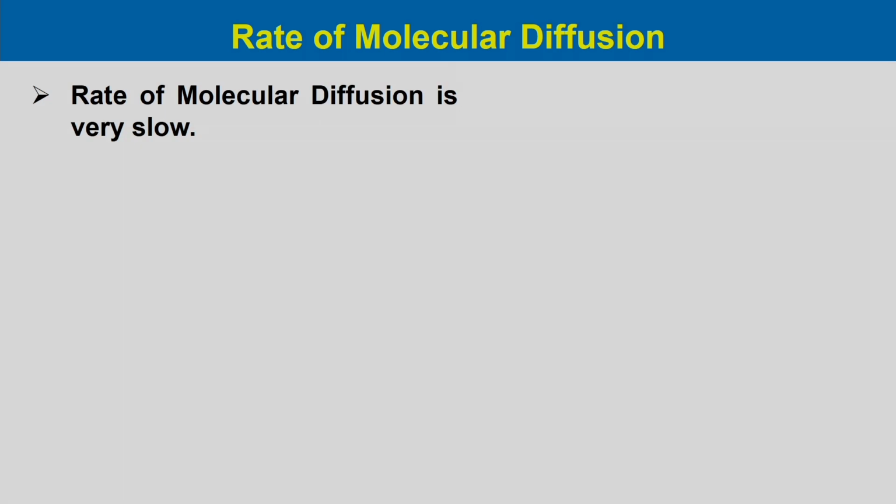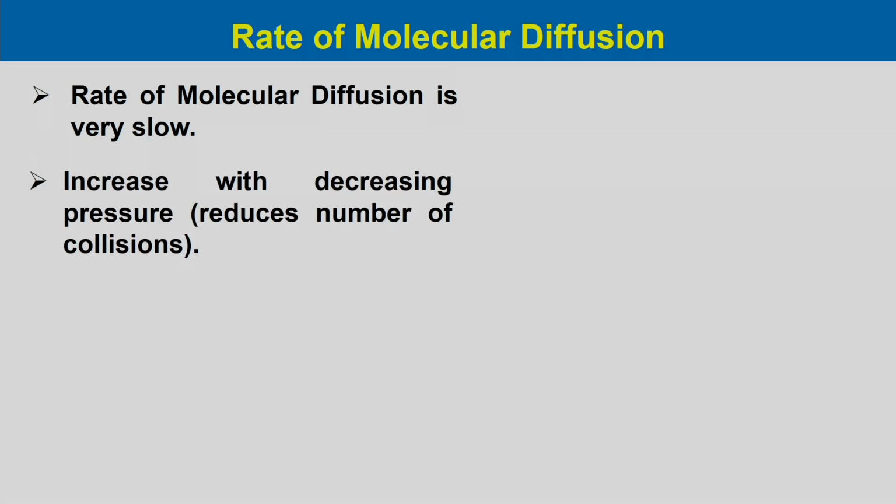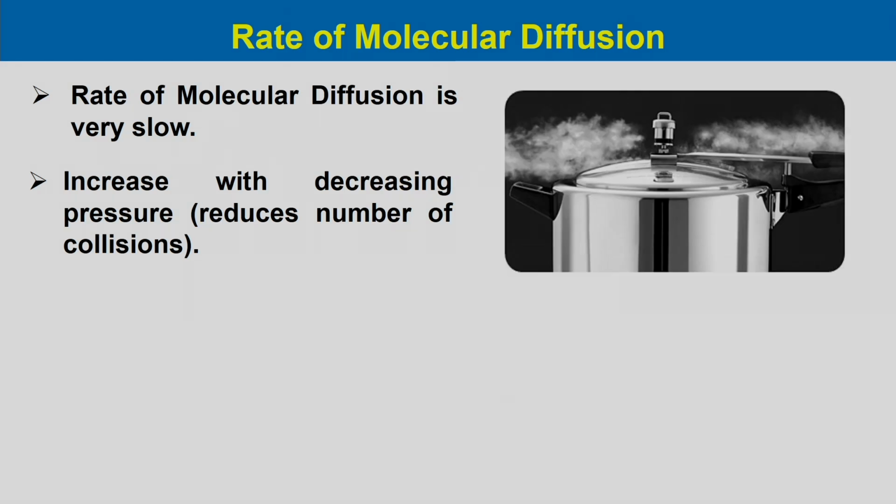The rate of molecular diffusion is very slow. We can change the rate of diffusion in two ways. One is to reduce the pressure. Consider the example of a pressure cooker releasing pressure: reducing the pressure reduces the number of collisions because the number of molecules per unit volume is less, so the collisions will be fewer and diffusion will be higher.